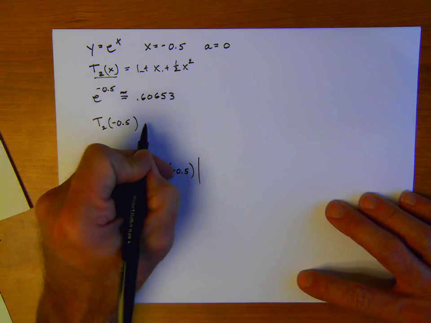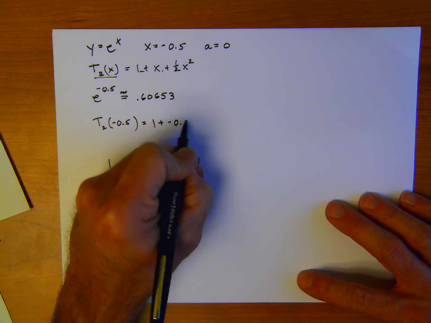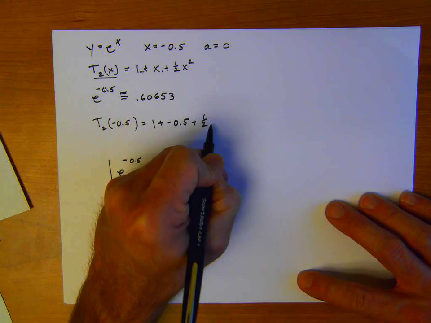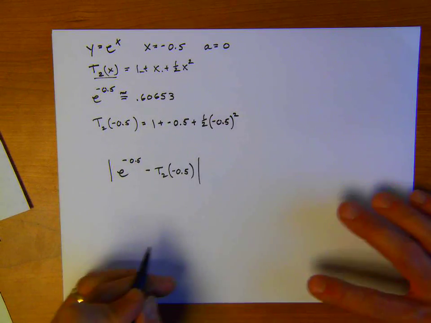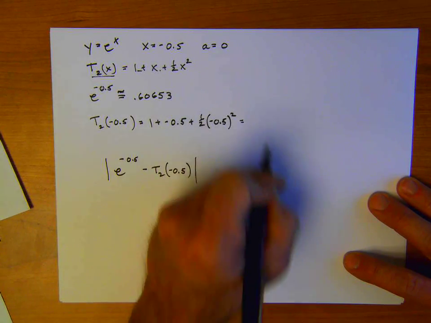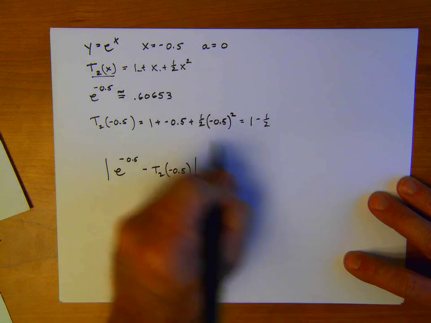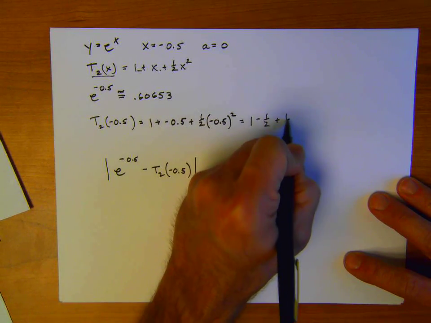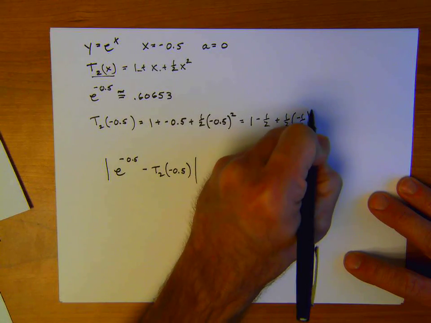And then here we can just plug this in for x. So I'm going to have 1 plus negative 0.5 plus 1/2 times (negative 0.5) squared. If I rewrite this with fractions, I'm going to have 1 minus 1/2 plus 1/2 times (negative 1/2) squared.